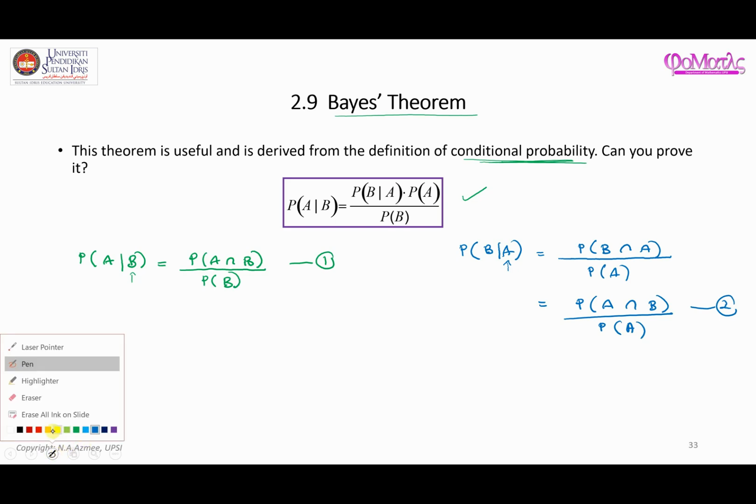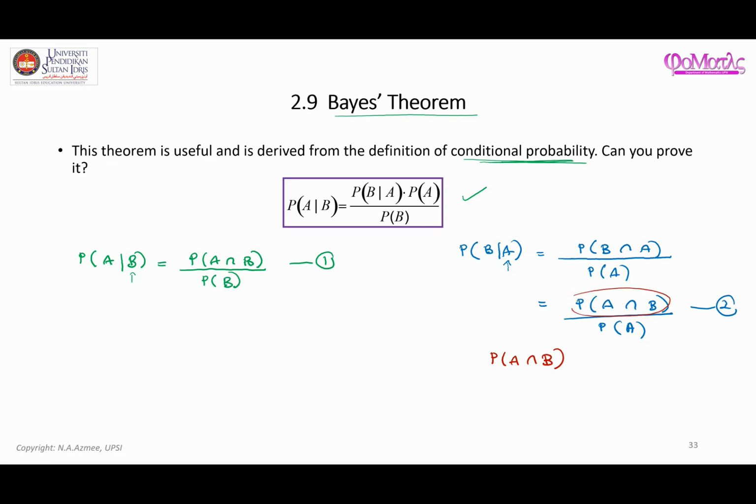Well, I hope you can see that based on this equation here, we can find the probability of A intersects with B. What is it? It is just multiplying P(A) with P(B given A). So we're just playing around with this equation right here. I'm going to call this 3, and 3 is going to be substituted into 1.